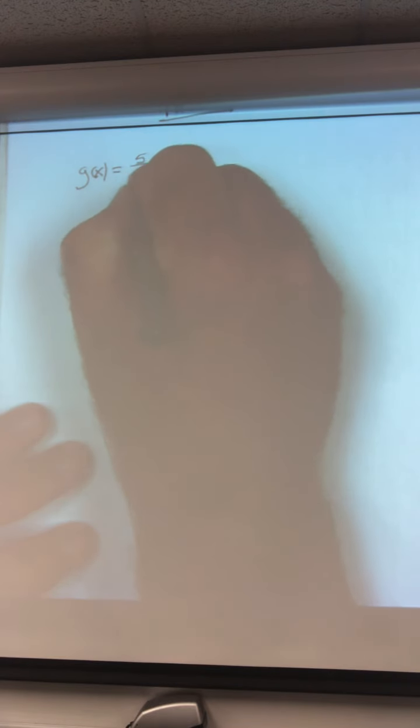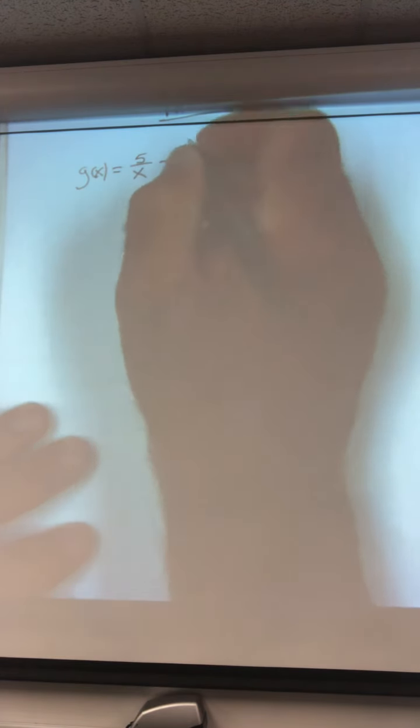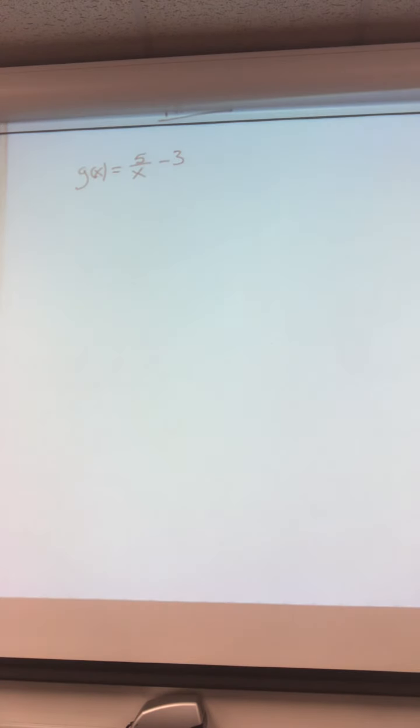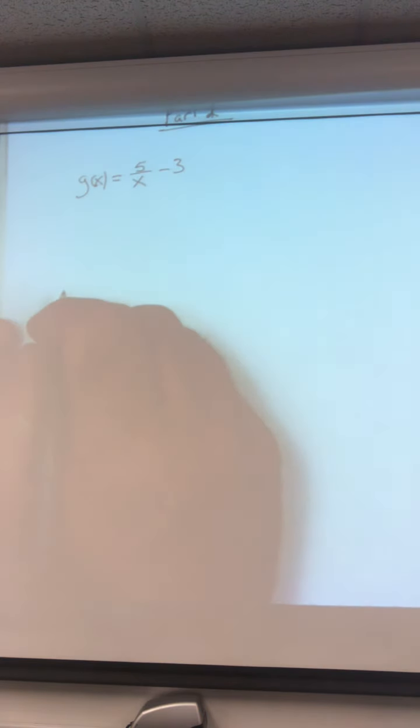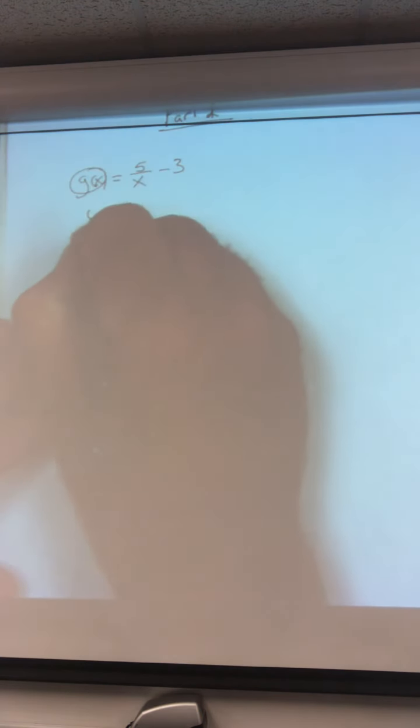Okay. Last example here. Let's look at g of x equals 5 over x minus 3. There's several ways you can do this one, but all right, here we go. I want to find the inverse. Step 1, write this as y equal.